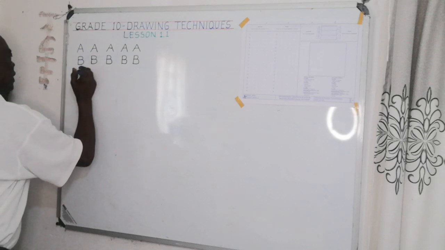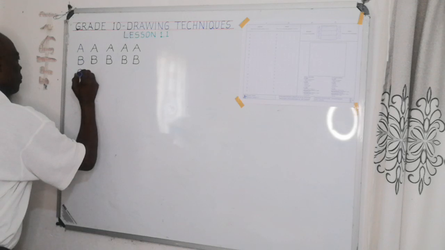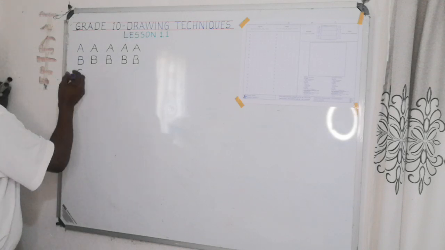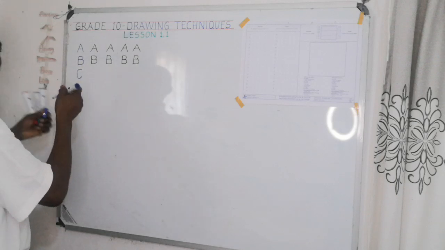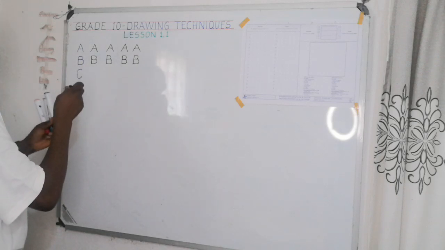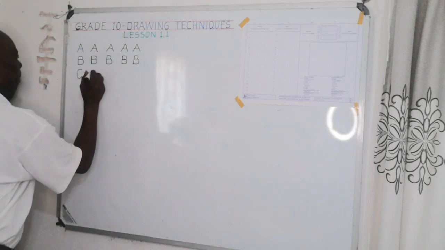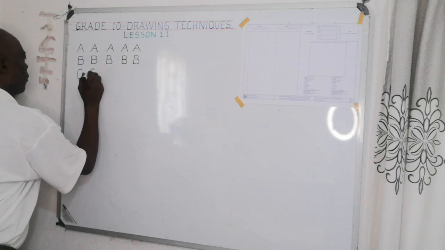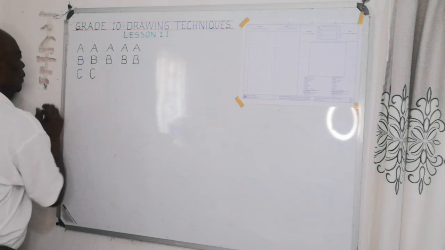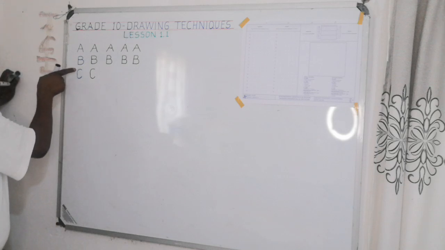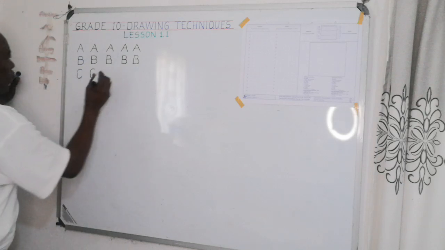In EGD, we don't allow double lines. So make sure that when you are printing, you print perfectly so that you don't have to go over it again and you end up having double lines. That's not acceptable. As you can see here, it's like a straight line here.